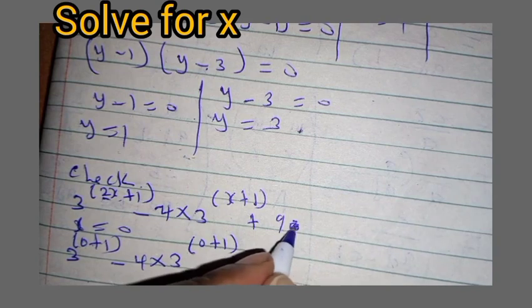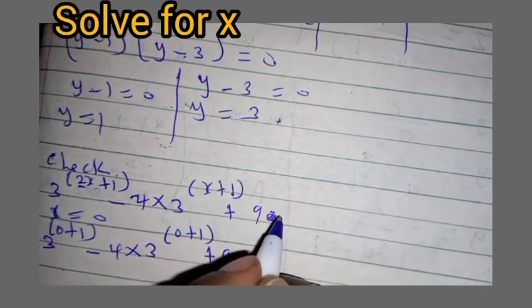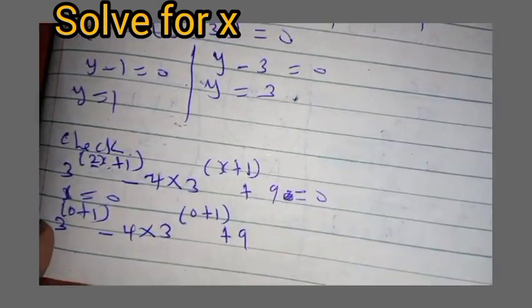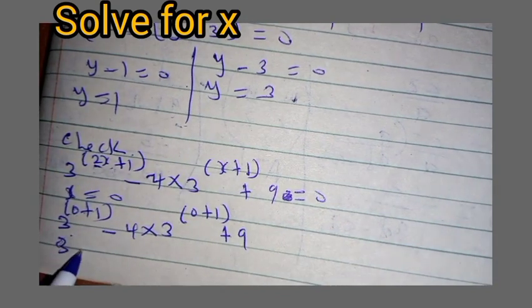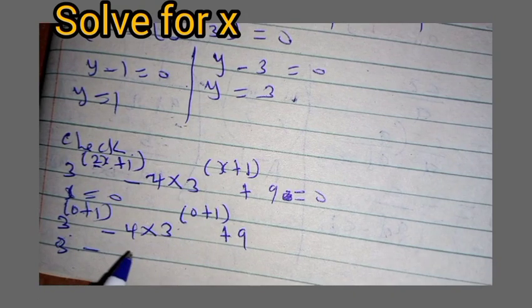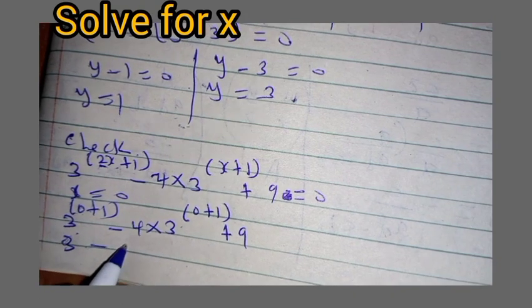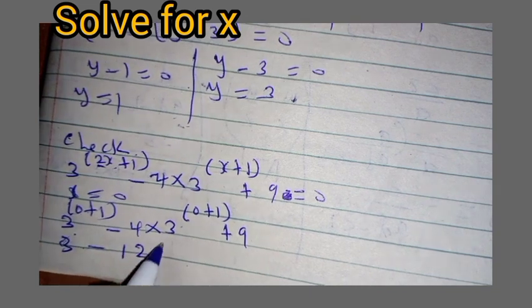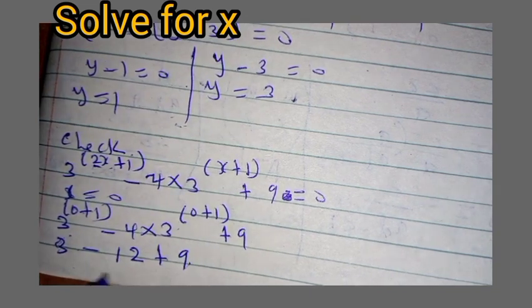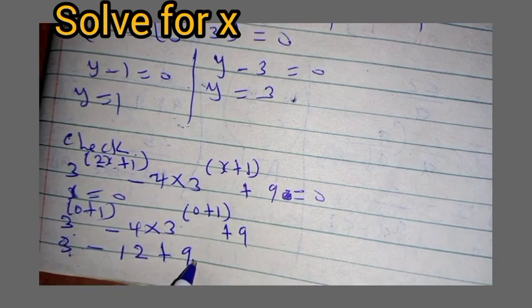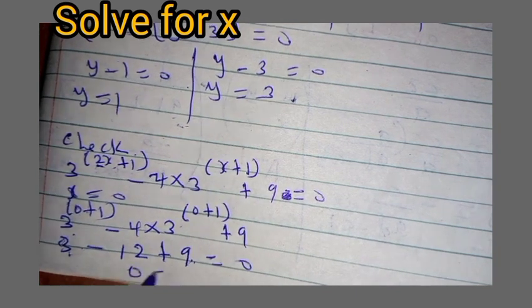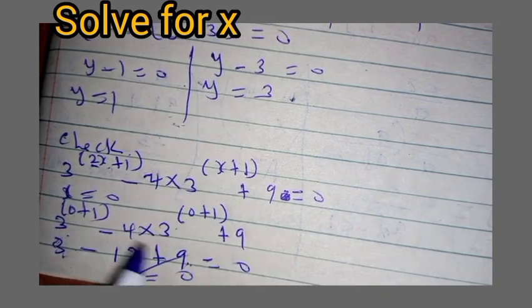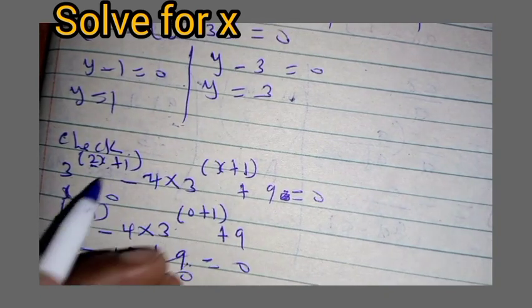This one should give you 0. So this is 3 power 1, which is 3, minus 4 times 3 power 1, 3 times 4 is 12, plus 9. So you can see 3 plus 9 is 12, 12 minus 12 is equal to 0. So 0 is equal to 0, meaning that one of our answers is that x is equal to 0.